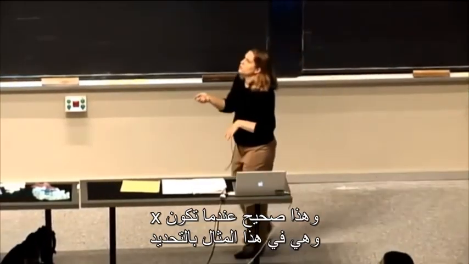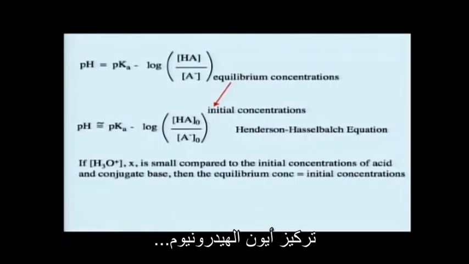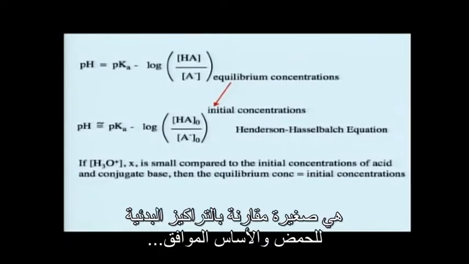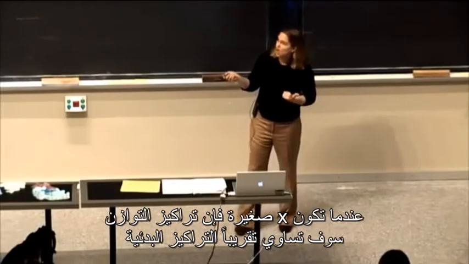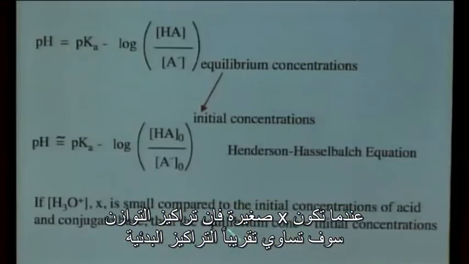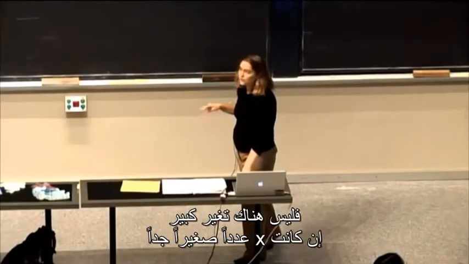That's true when X, which in this example is your hydronium ion concentration, is small compared to your initial concentration of the acid and the conjugate base that you added to the buffer. When X is small, pretty much the equilibrium concentration equals the initial concentration. So there's not really very much change if X is a really small number.